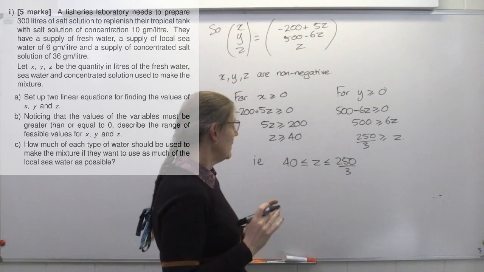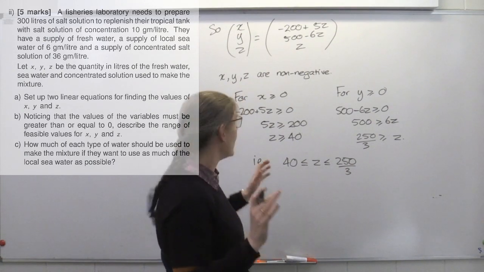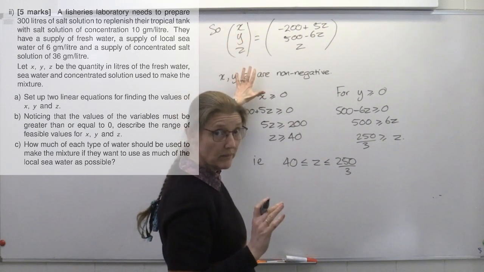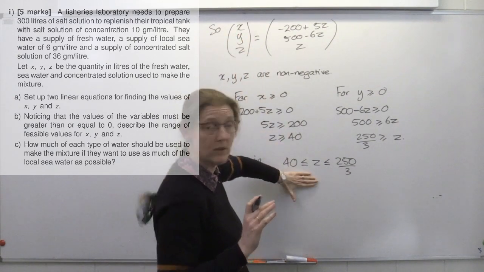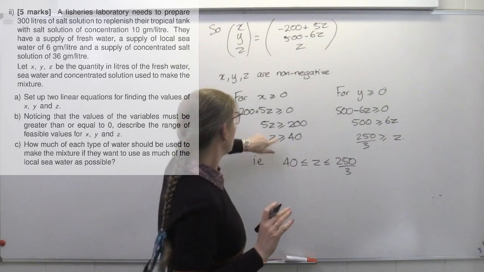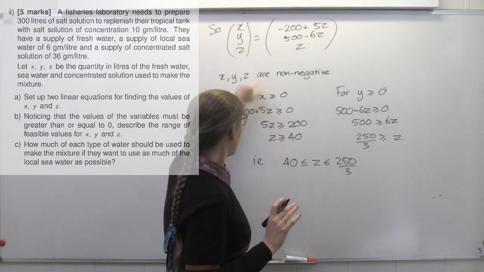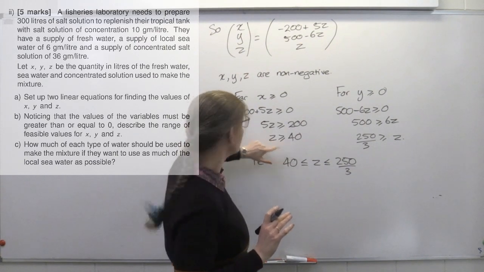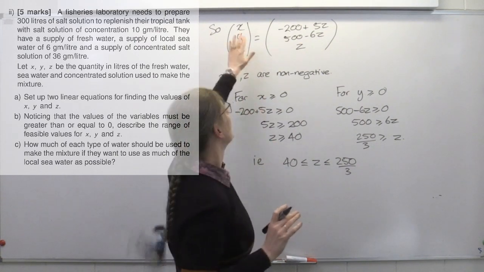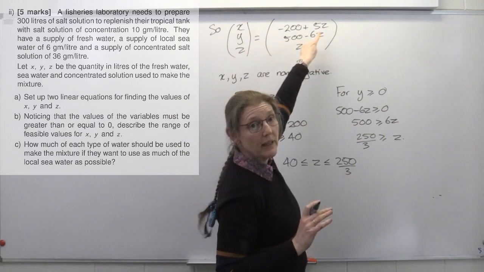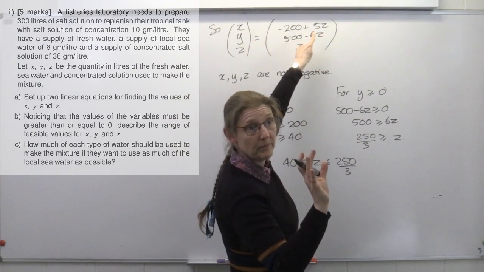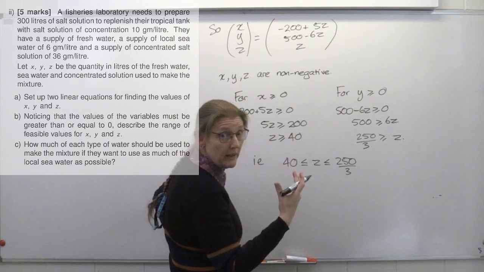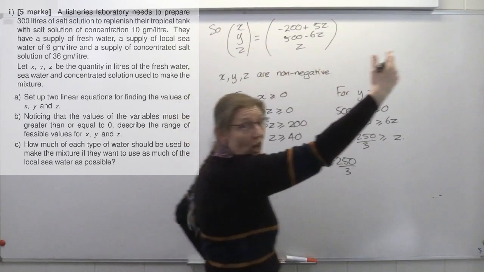All right, we actually have to look at the range, of course, of x and y as well, because that's going to be dependent on this z. So x determines that z has to be greater than or equal to 40. When z equals 40, putting z equals 40 in here gives us x equals 0. But if it's bigger than 40, then it could range upwards.